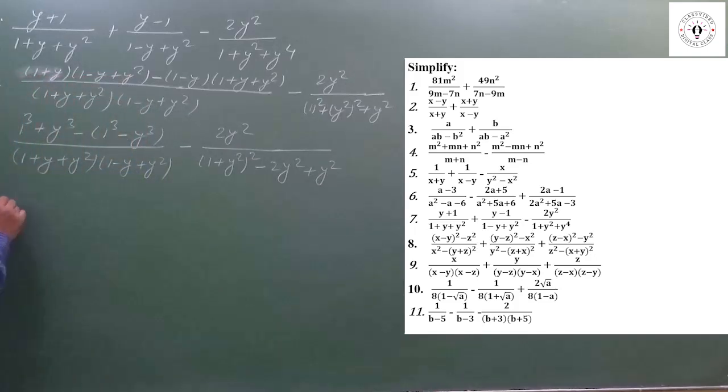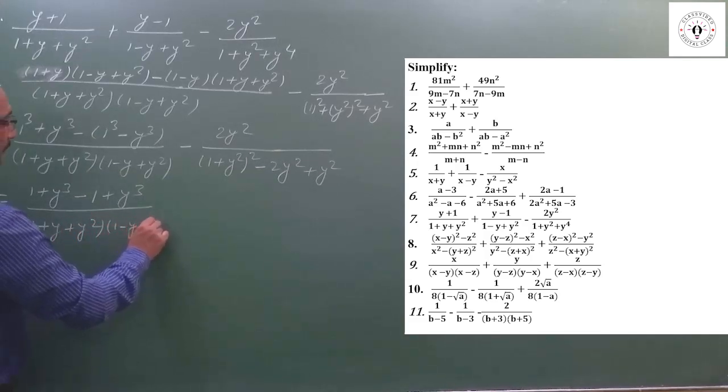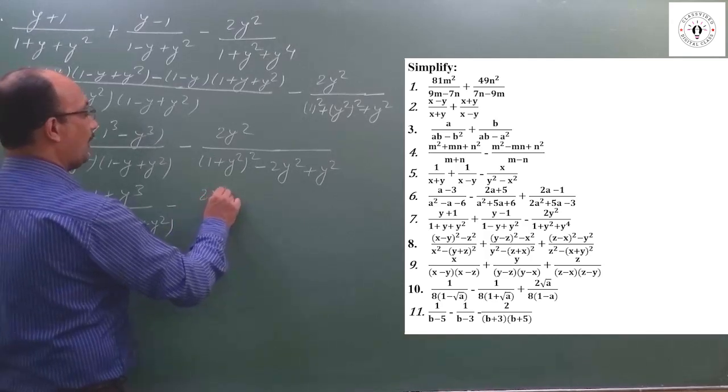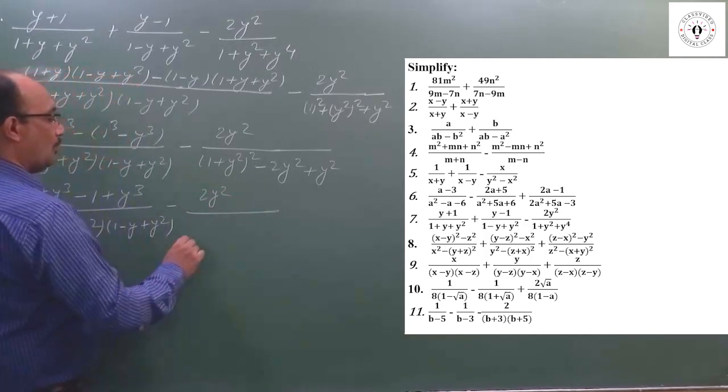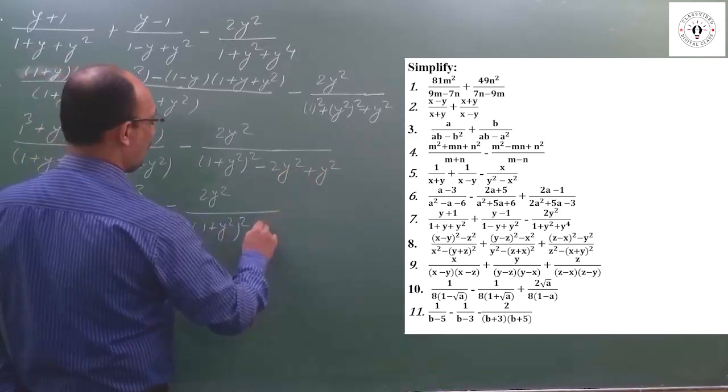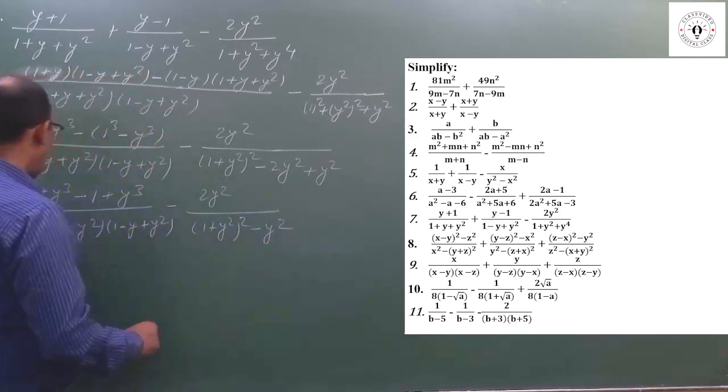1 cube means 1. This is y cube. Minus 1 cube means 1, minus minus plus y cube. Denominator same, that is (1 + y²)(1 − y + y²), minus 2y², (1 + y²)² same, minus 2y² plus y² becomes minus y².